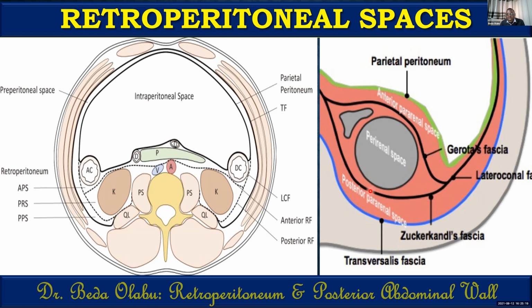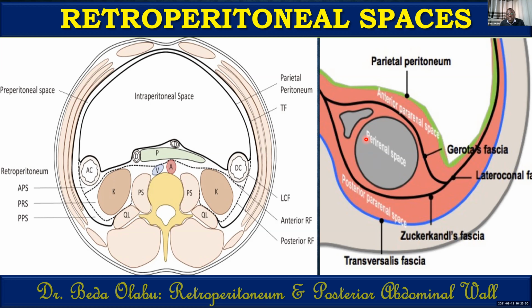And then you have the posterior renal fascia, which is also known as the Zuckerkandl's fascia. So we are using the anterior renal fascia and the posterior renal fascia to divide the retroperitoneal space at this point into three of them: the anterior pararenal space, perirenal space, and posterior pararenal space.